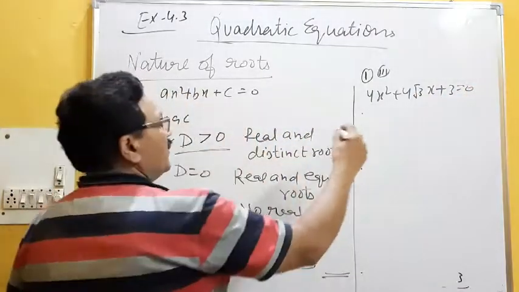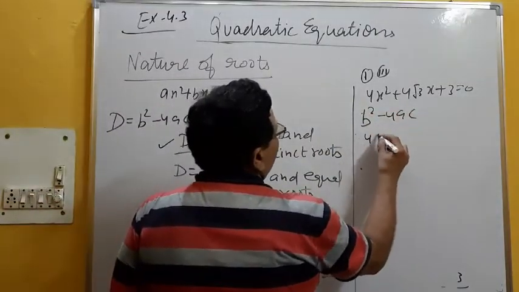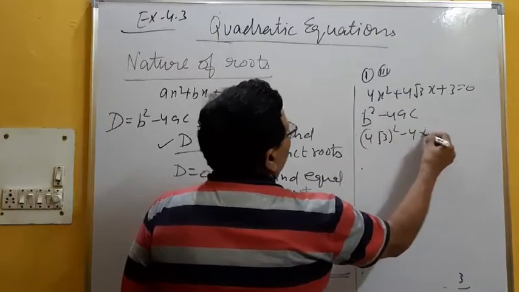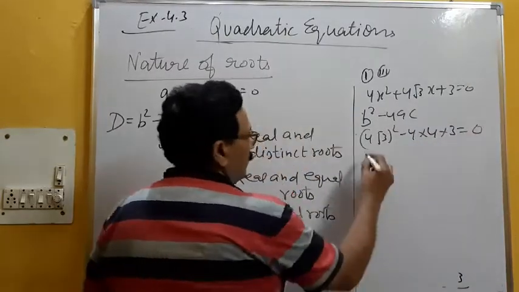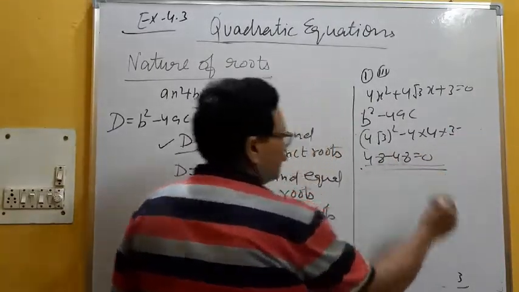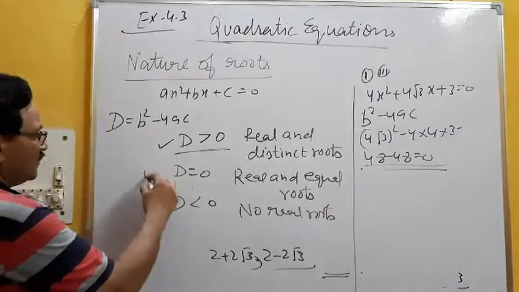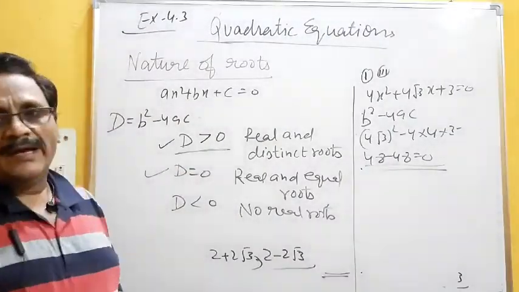If you calculate the discriminant here, b square minus 4ac, 4 root 3 square minus 4 into 3 into 4, then you get 0, because this is 48 minus 48 equal to 0. So it's following this condition, d equal to 0. So roots will be equal and real roots.